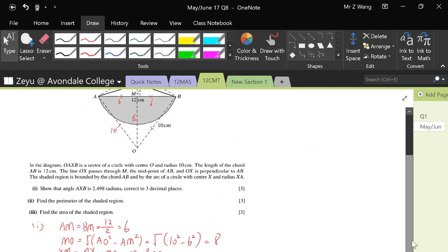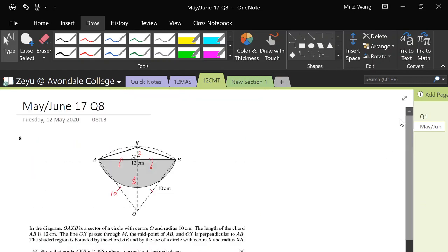And then angle AXB is double that, right? Why? Because AXM and XBM are congruent triangles. Why are they congruent triangles? They share the same side, and they have equal angles, and then this side, they also have equal sides. So side, angle, side. These two are congruent triangles.